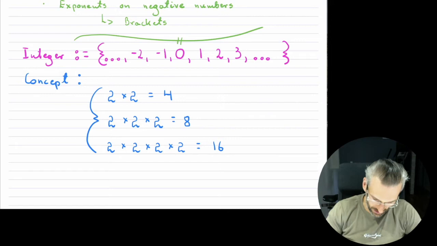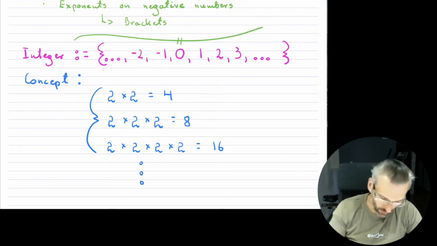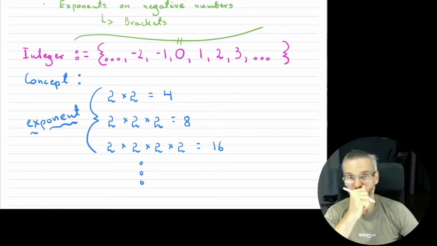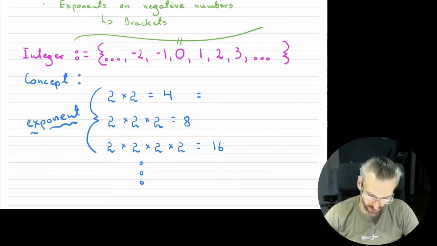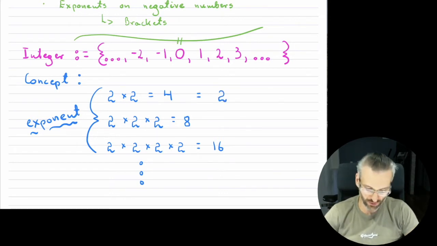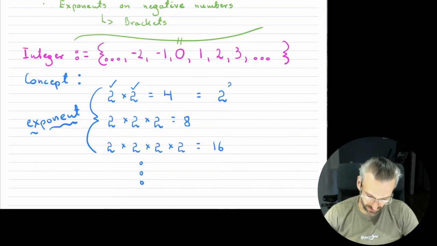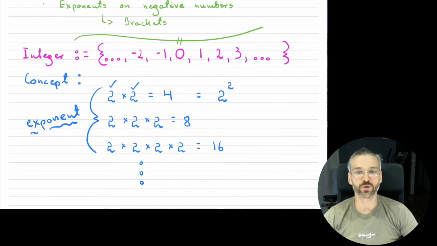We can continue this pattern, but instead we have introduced the concept of an exponent. Instead of writing 2 times 2, because you're just repetitively multiplying 2, you can take your 2, which you are multiplying, and you're multiplying it 2 times, and we create this little exponent.